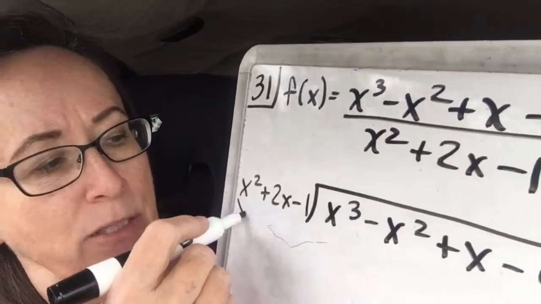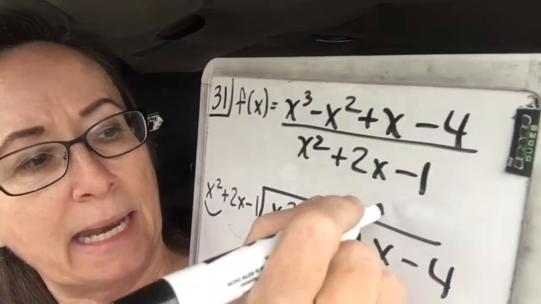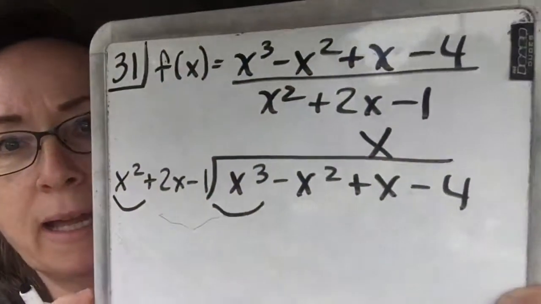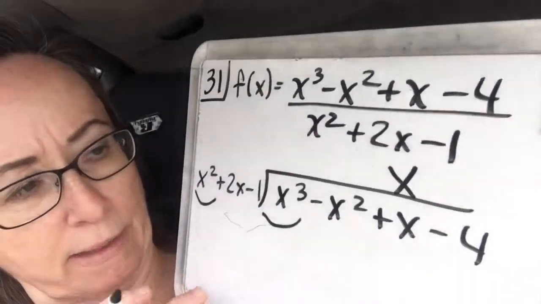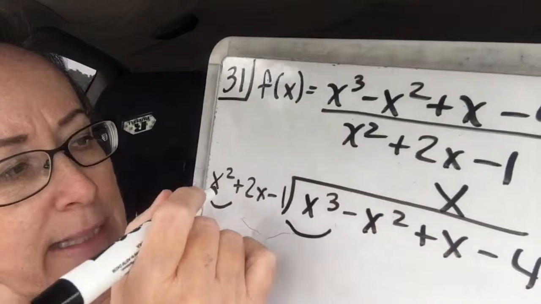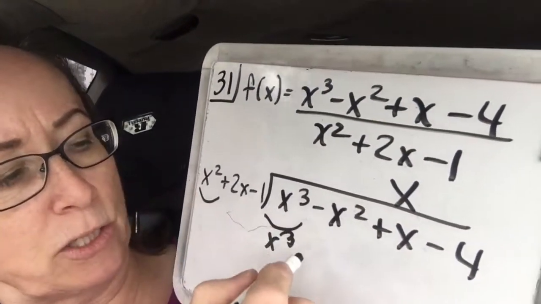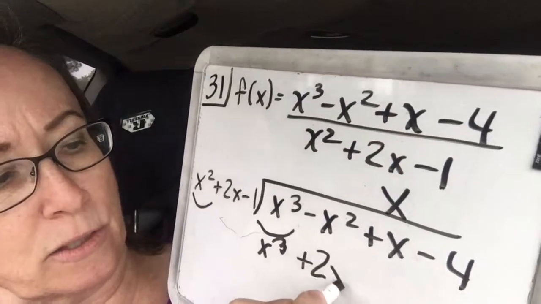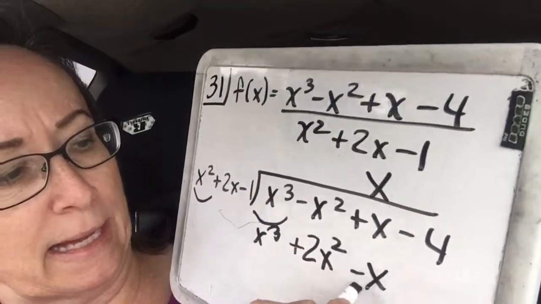So we're going to say x squared goes into x cubed 1x times, and I'm going to put the x on top in the x place, and then I'm going to multiply. So x times x squared is x cubed, x times 2x is 2x squared, and x times a negative 1 is a negative x.